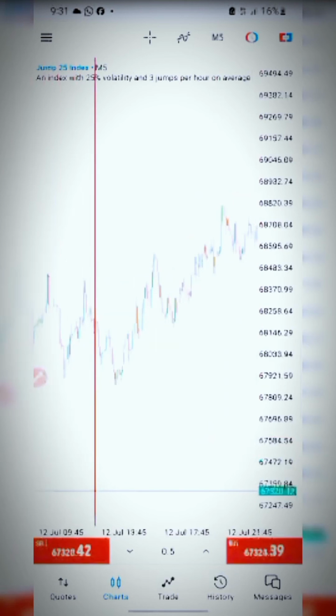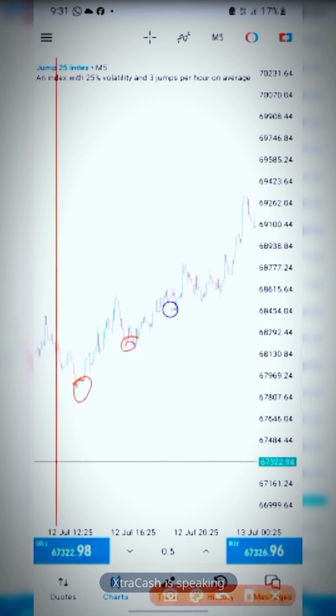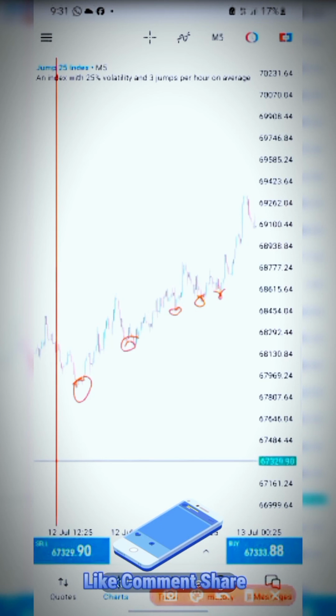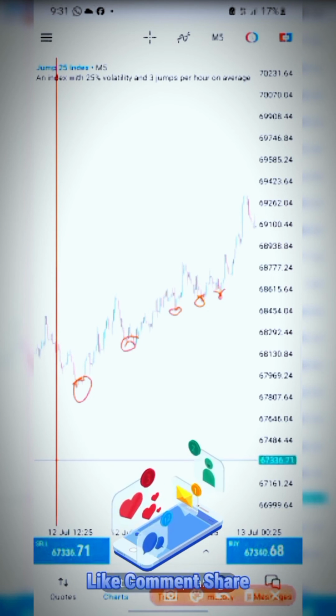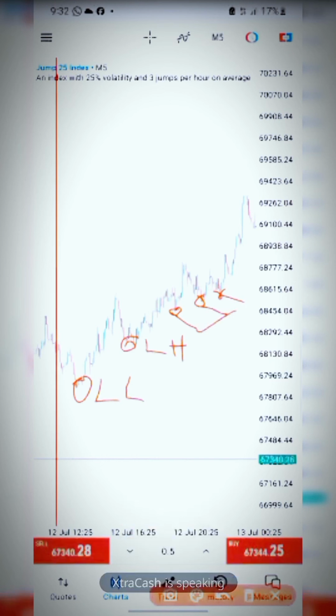If you look at this market, you will agree with me that we have a low here, another reversal point here, another one here, and another one here. If we look at these reversal points, this is the lower low. The next one is the lower high, this one is a lower high, they are all lower highs. So let's get a trend line and connect them.